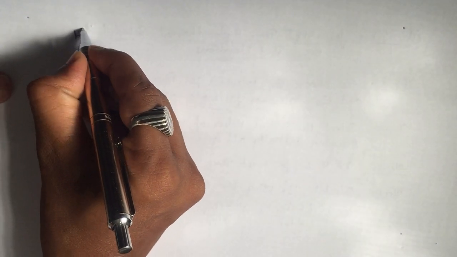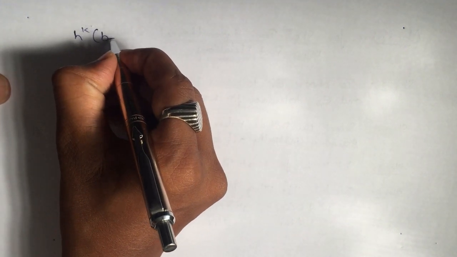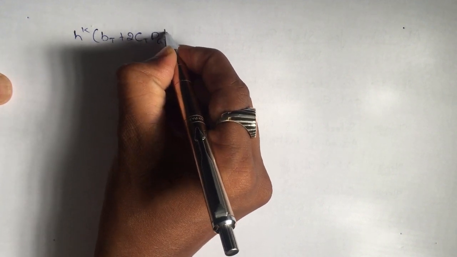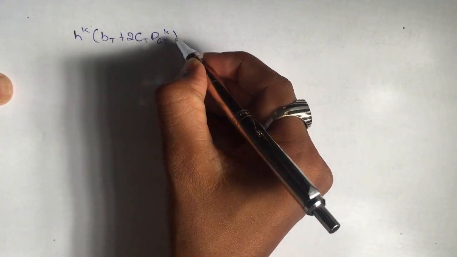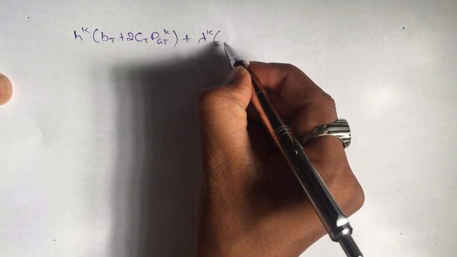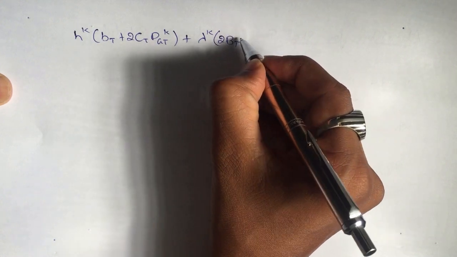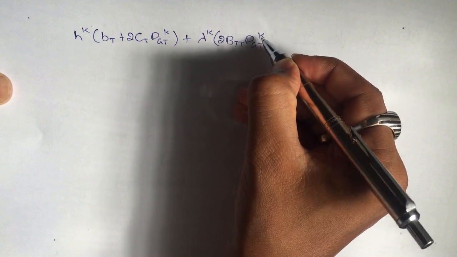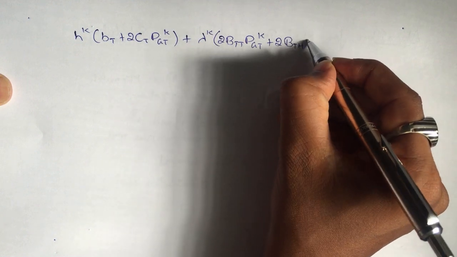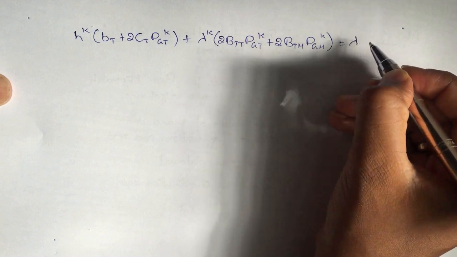First term is HK. dF PGTK by dPGTK can be replaced by BT plus 2 times CT PGTK, plus lambda k. Dou P loss by dou PGTK can be replaced by 2 times BTT PGTK plus 2 BTH PGHK. That will be equal to lambda k.